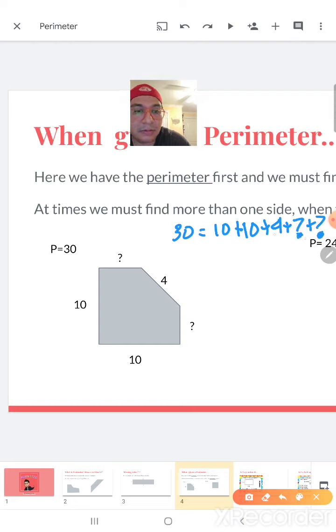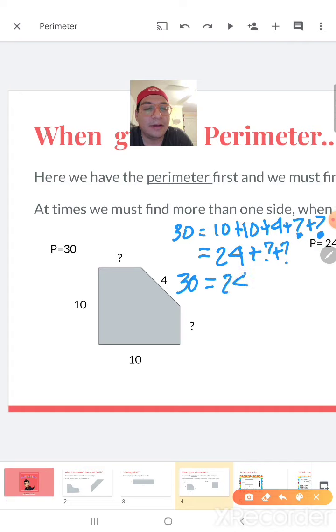Right, so we have two sides that are missing here. I know that 10 plus 10 equals 20, plus 4 equals 24, and then question mark plus question mark equals just question marks, right? So now we know that if I have 30 and this is 24, to get from 24 to 30, I need to add what?